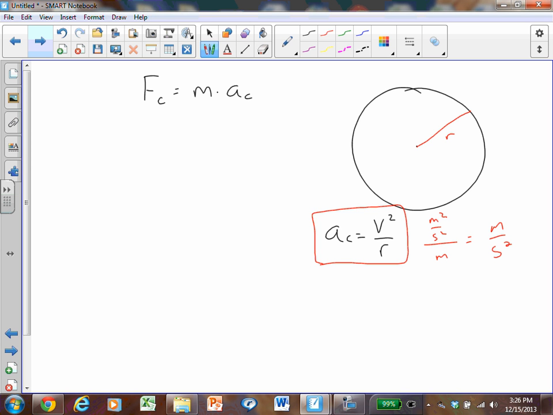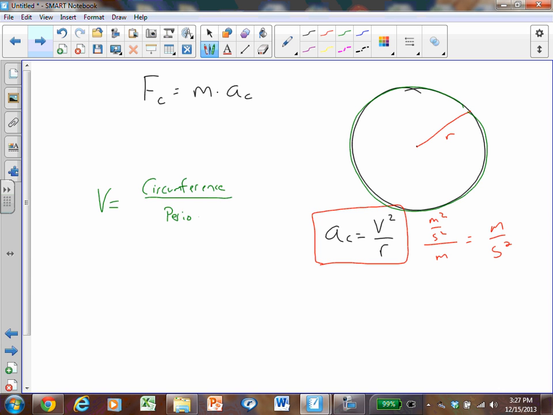Now let's think of v for a second. For the circle, if you took the distance to go around once, that's the circumference. We call the time it takes to go around the circle a period.